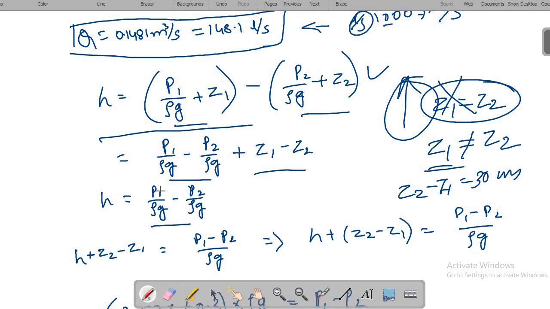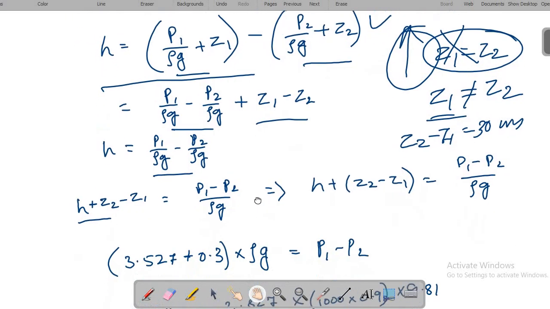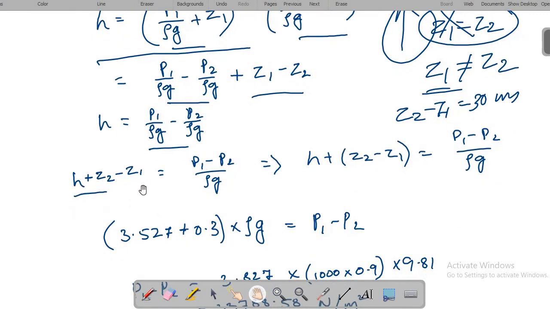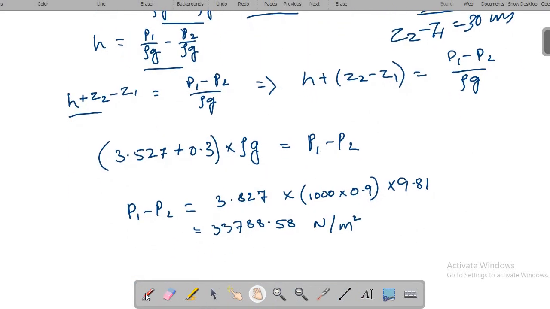Sending the Z values to that side, H plus Z2 minus Z1 is equal to P1 minus P2 whole divided by rho g, as rho g is the common base. Next is the substitution.